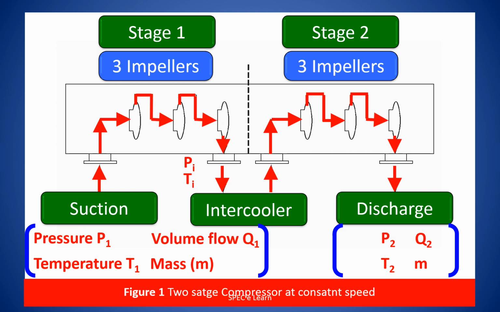The second stage, also consisting of 3 impellers, raises the pressure of the gas to P2 and delivers it at temperature T2 and volume Q2. Due to compression, the volume decreases, but the mass remains constant.